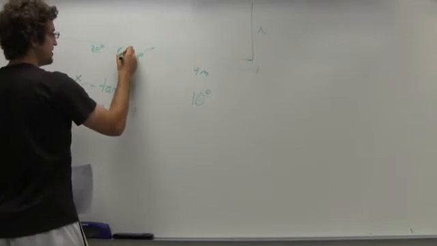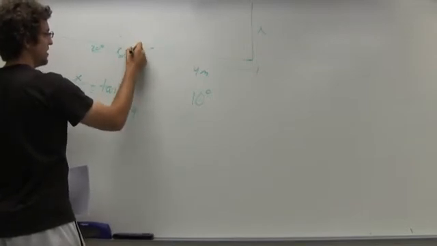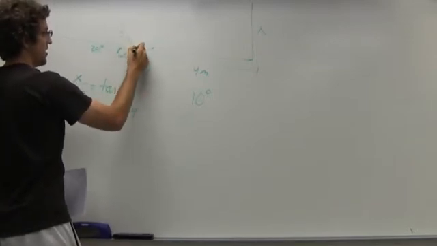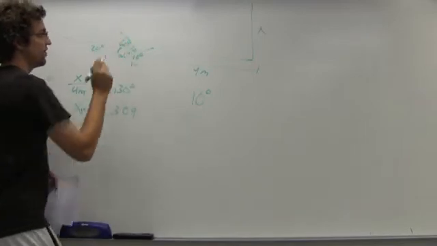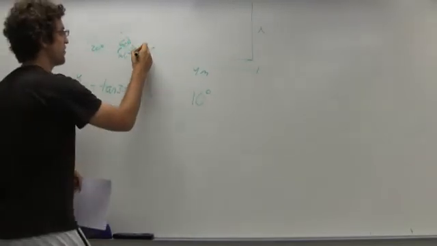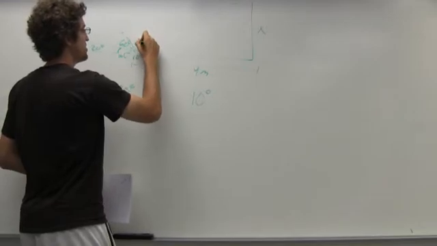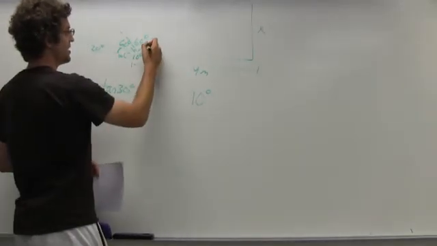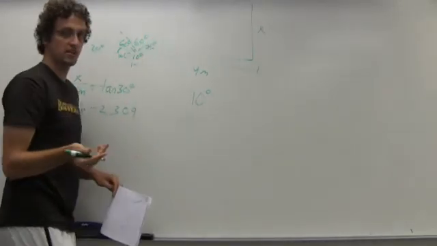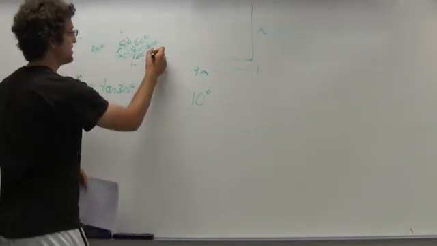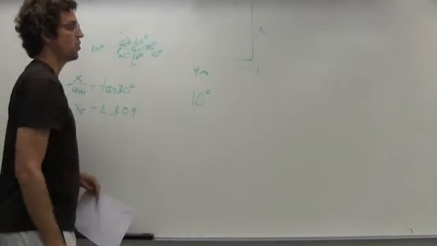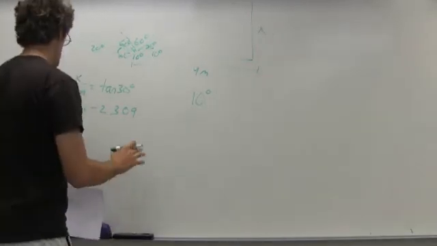Now that means that this right here is 10 degrees, which means that this is only 60 degrees. The angle of incidence is only 60 degrees, which means the angle of reflection is also going to be 60 degrees, which means that this is 30 degrees here, 90 minus 60, and this is 10 degrees, which means that our total angle is 40 degrees.